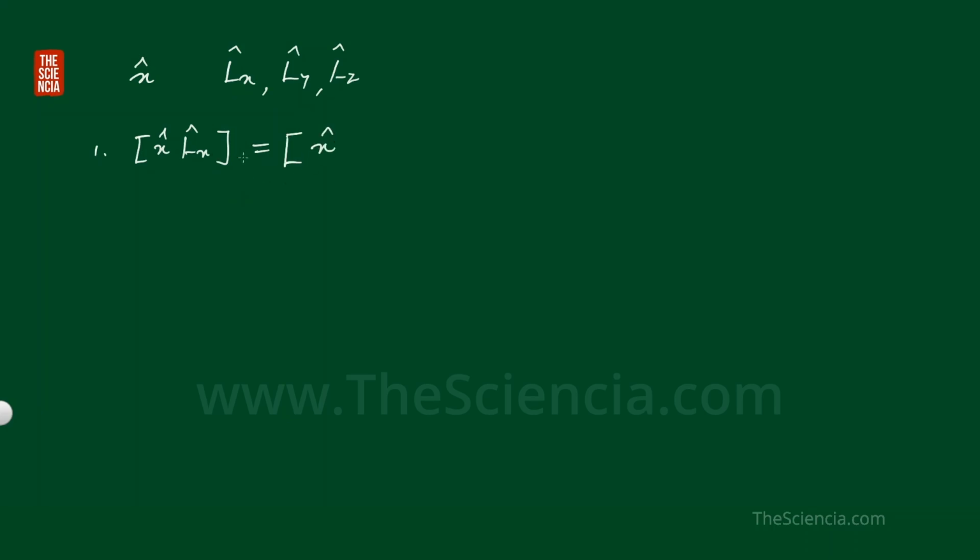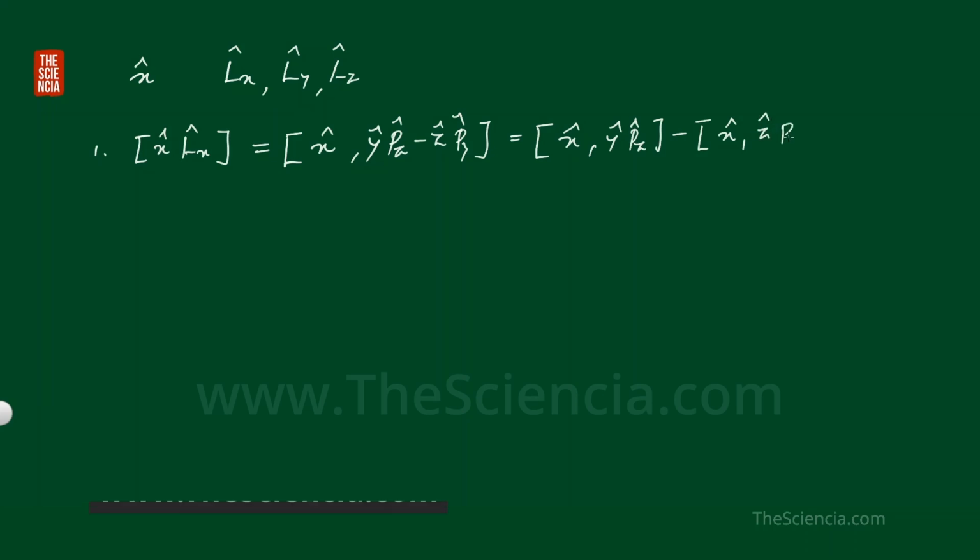We know Lx is y pz minus z py. So we can expand this one, that is, [x, y pz] minus [x, z py].